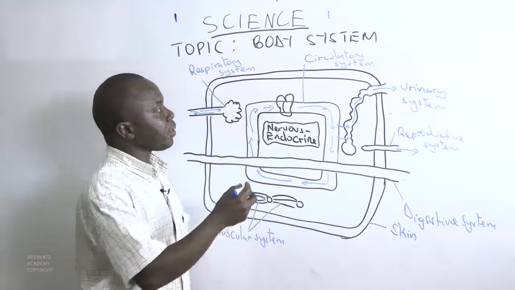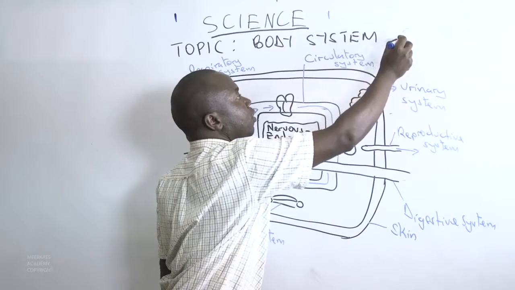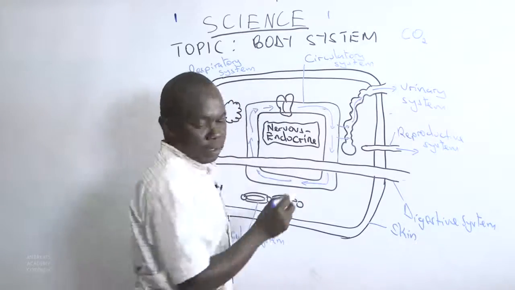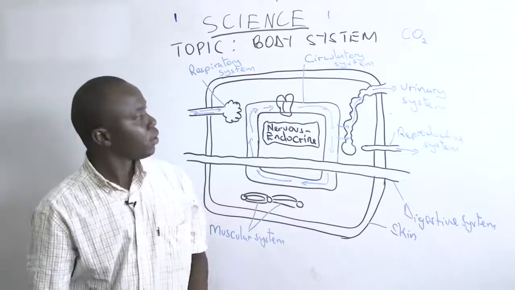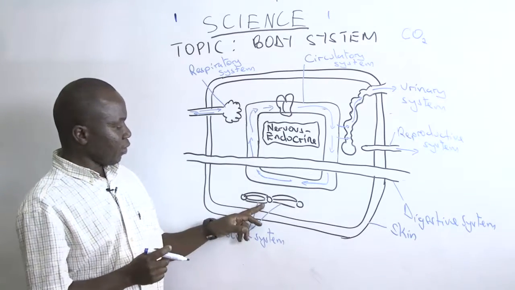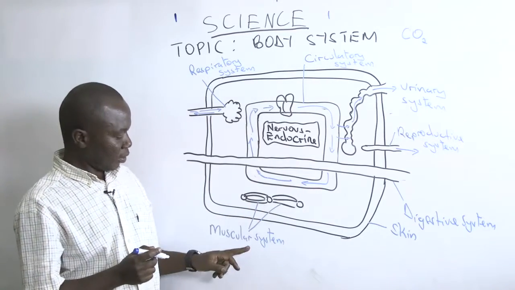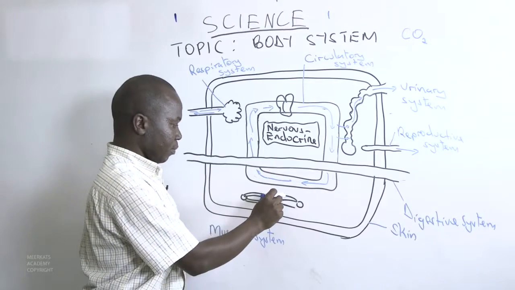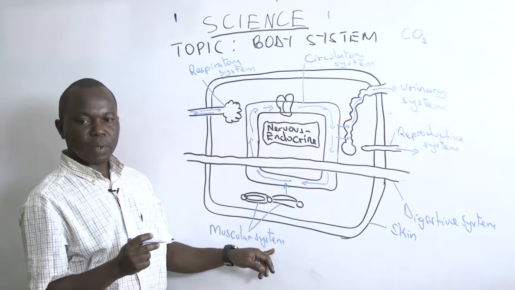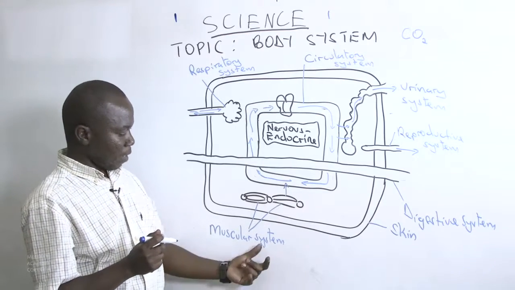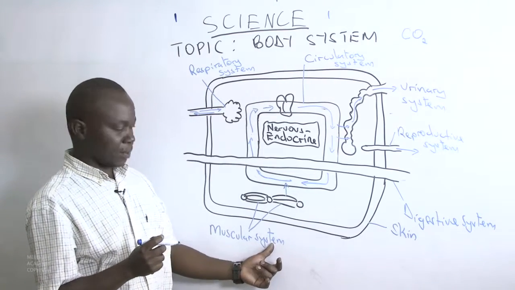Now let us look at substances like carbon dioxide. Carbon dioxide, for instance, from muscles, from the muscular system. We know that in the muscular system is where we have the highest rate of respiration.